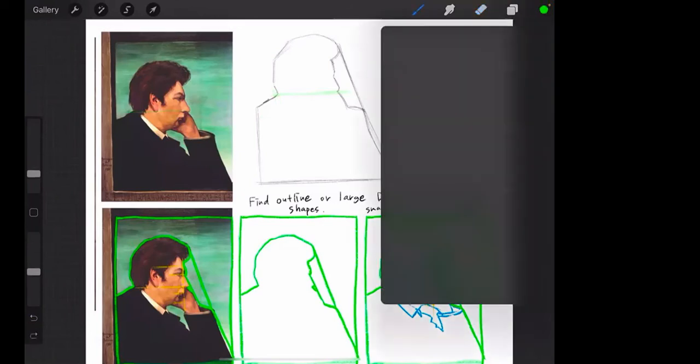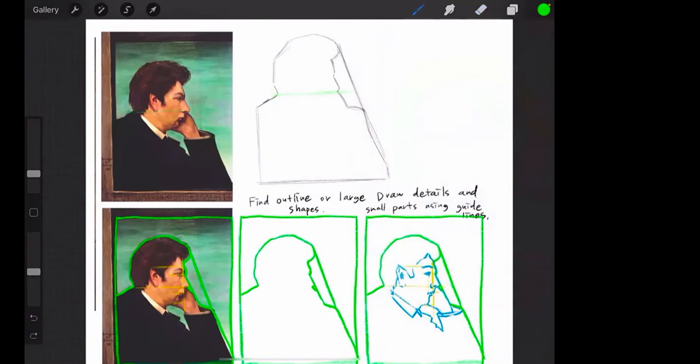Guideline for here, cuff. You can see the neck. Okay.